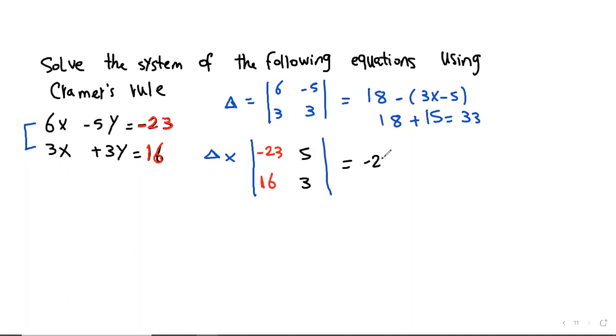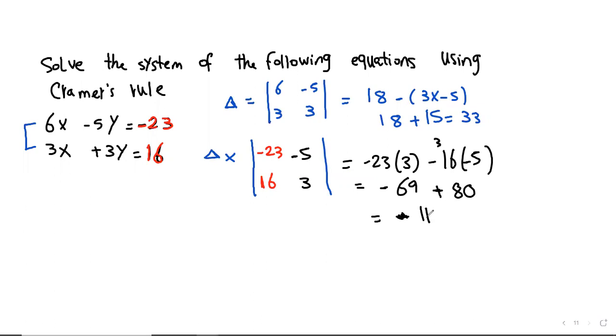Then it's negative 23 multiplied by 3 minus 16 times negative 5. Negative 23 multiplied by 3 is negative 69. Sorry, it's negative 5 here, so it will be plus 80. So negative 69 plus 80 will be 11.